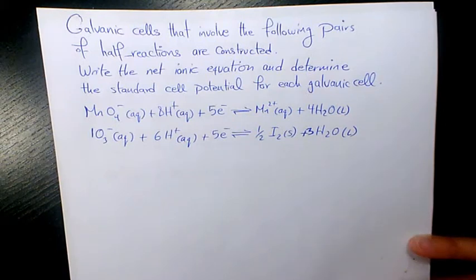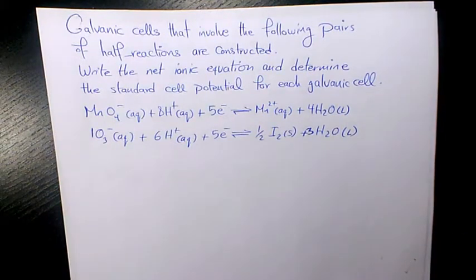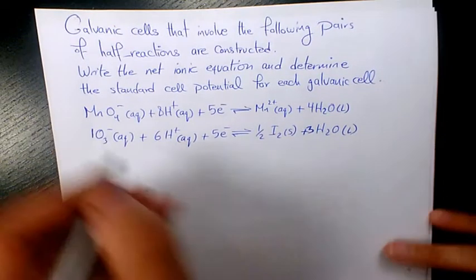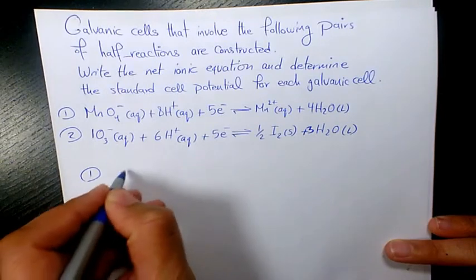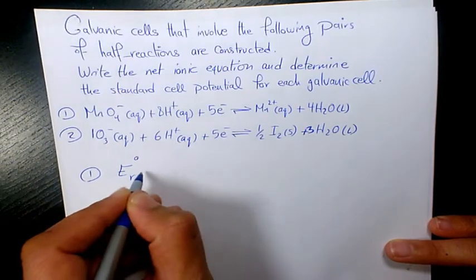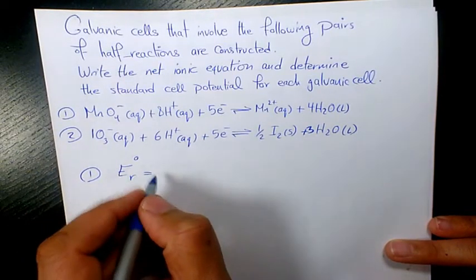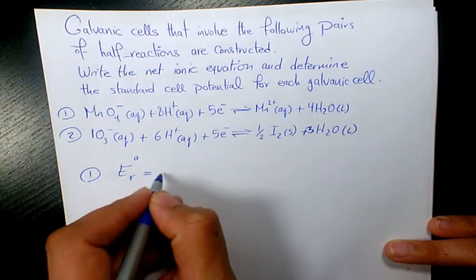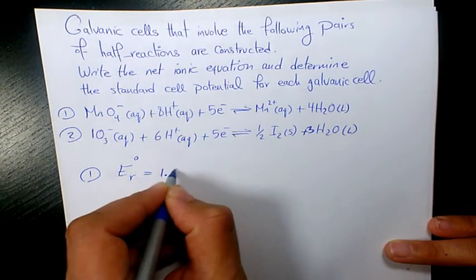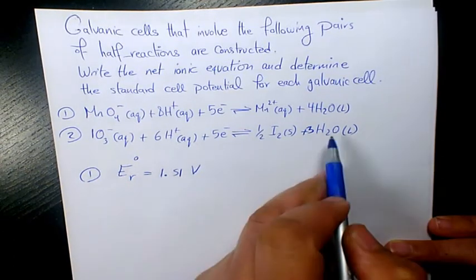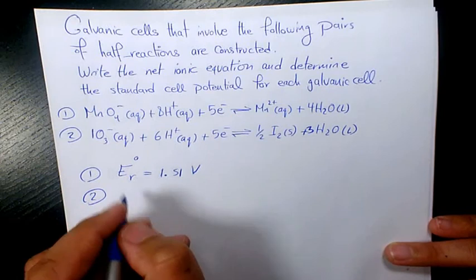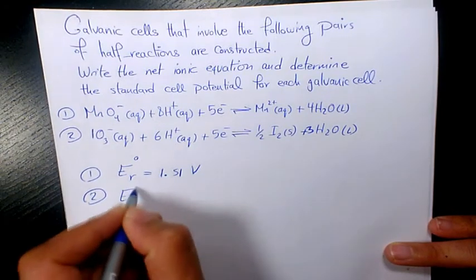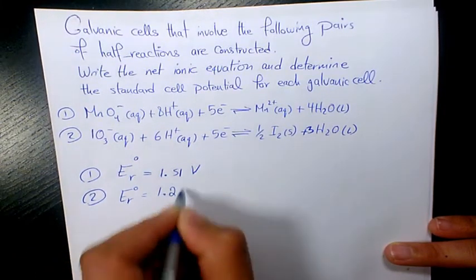So if I use the table that belongs to standard reduction potential, I can find it for the first reaction. The E° is 1.51 volt, and for the second reaction we have E° 1.2 volt.